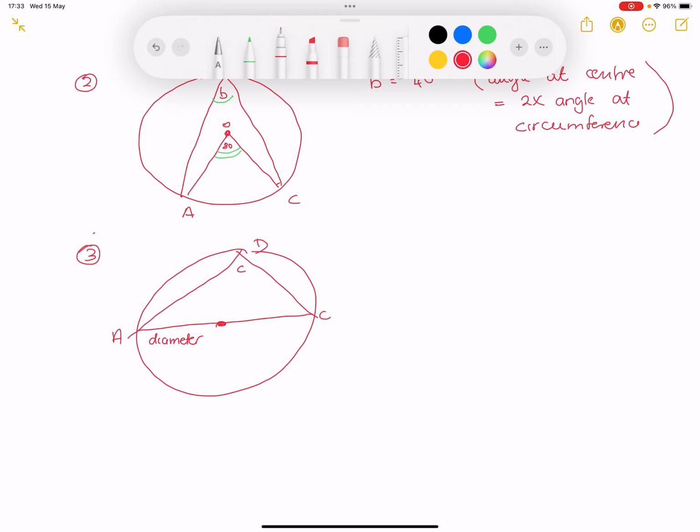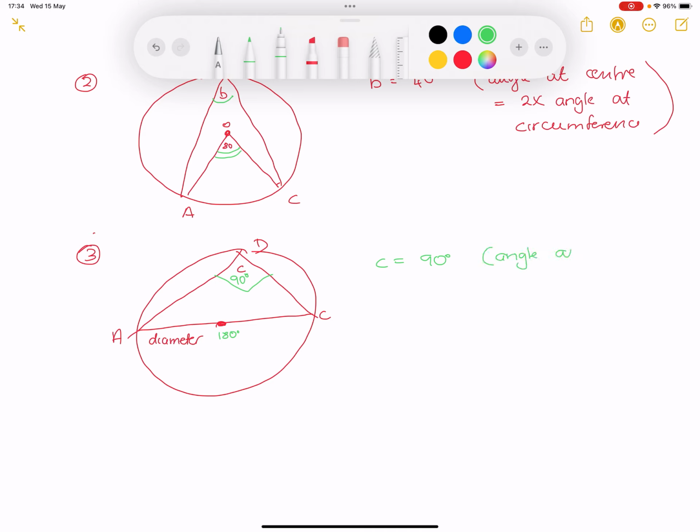You know why? No, ma'am. Because 180 is a straight line. So this is the angle at the center. So C is the angle at circumference, so that is the smaller one, so it will be half, and that is then 90. Yes, ma'am. So then you can just say that C is equal to 90.